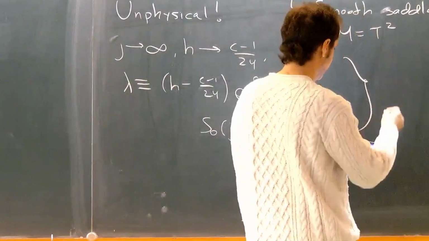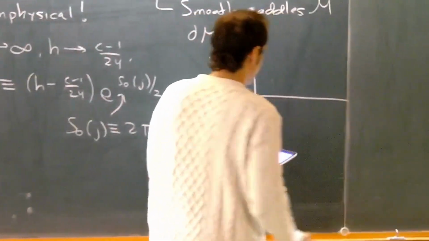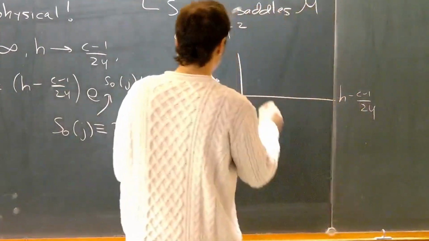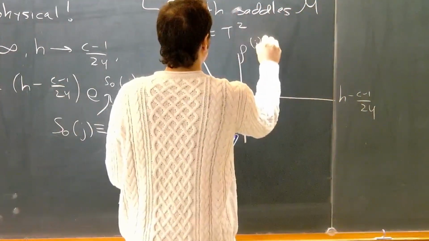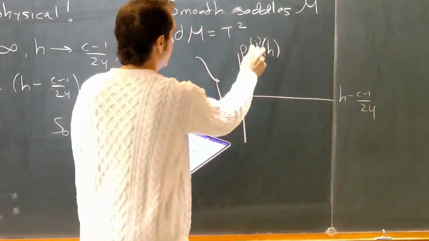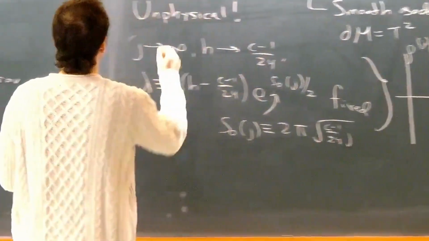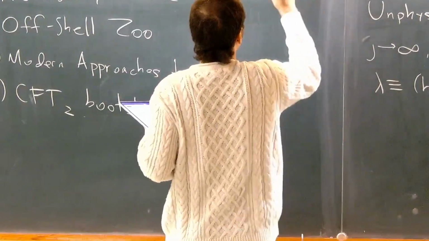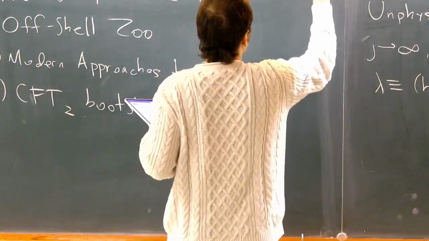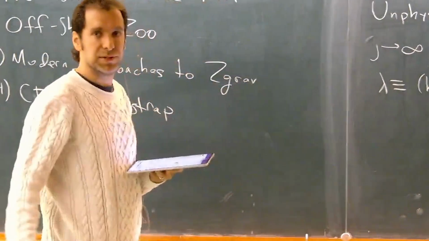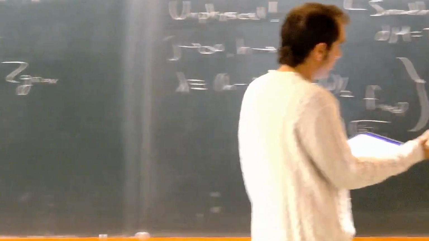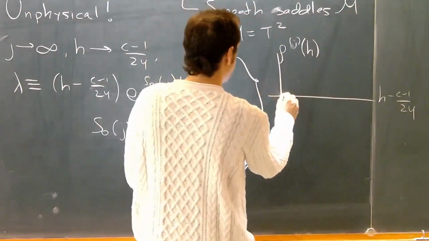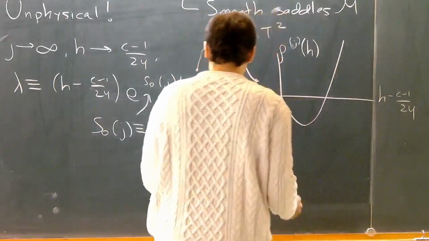And let me just write, instead of writing some equation for that, I'll draw a picture. So if we plot the spin j density as a function of the right moving dimension h, where delta is h plus h bar, and j is, say, h minus h bar, as usual in 2D. Then the density of states, if we start sort of at the threshold here, well, it goes negative and then goes positive.